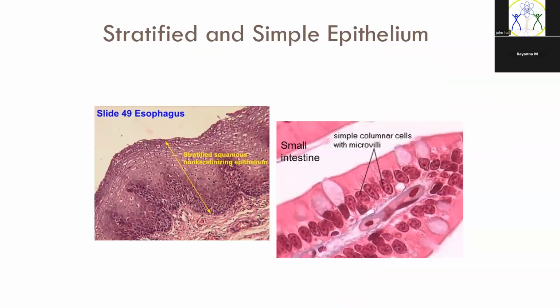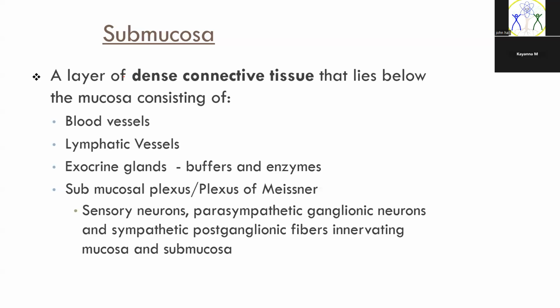So let's then jump to this. As it mentions here, it's a layer of dense connective tissue, which of course lies below the mucosa. We already mentioned major blood vessels will be found in there, as well as major lymphatic vessels, glandular tissue. You will find exocrine glands. Remember now the difference between exocrine and endocrine glands. Endocrine glands have no ducts, and their secretions go straight into the blood, right, via tissue fluid, interstitial spaces, right?